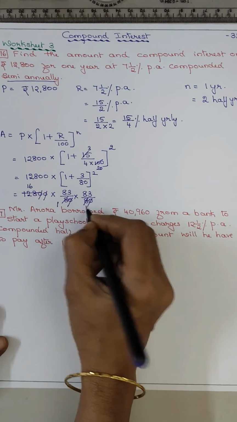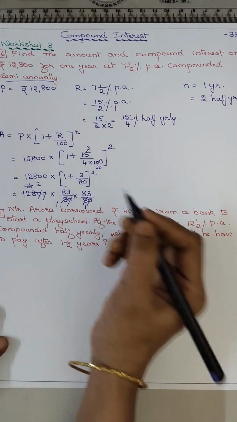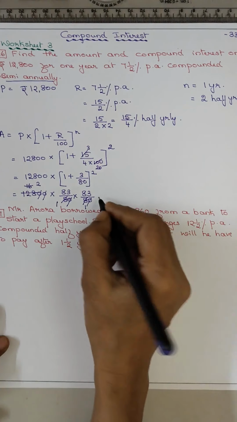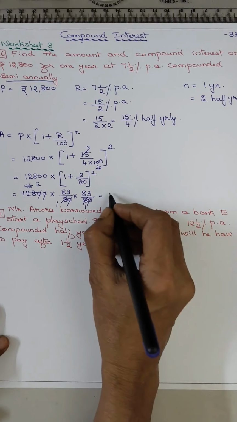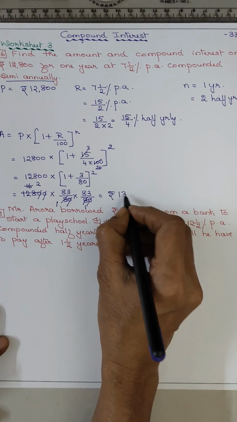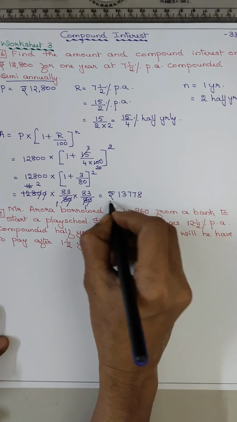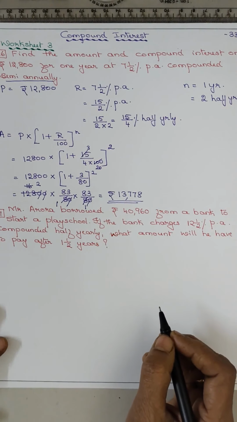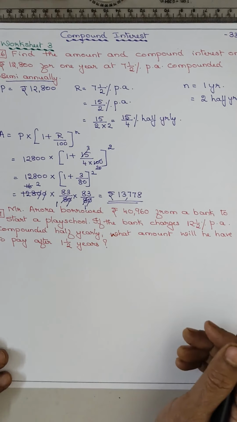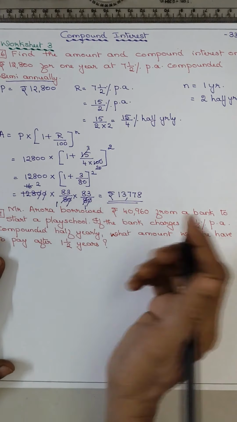Now 8 ones are 8, 8 twos are 16. So when you multiply 83 into 83 into 2, how much will come? It is 13,778. Multiply and see. This is the amount.